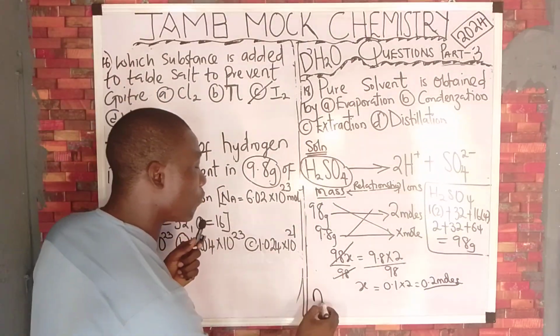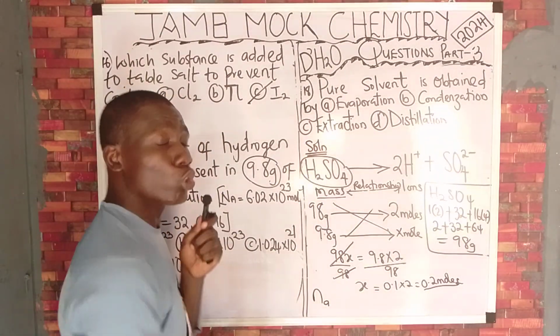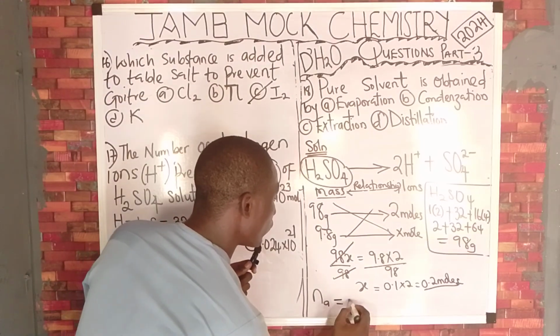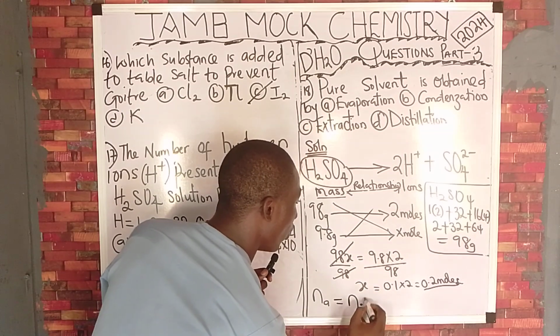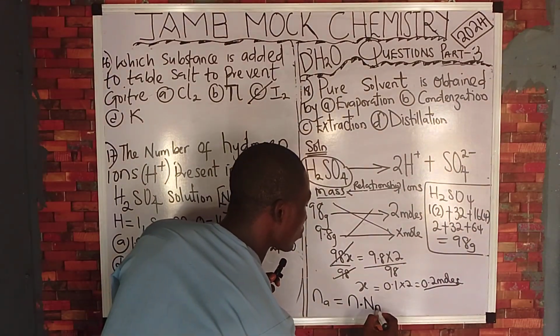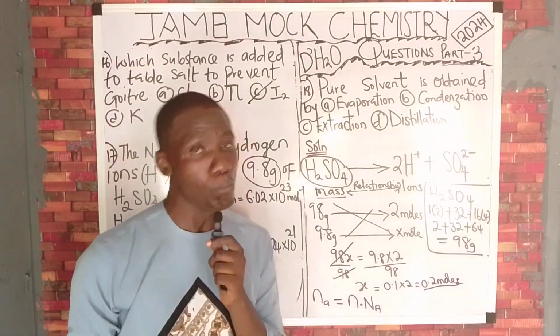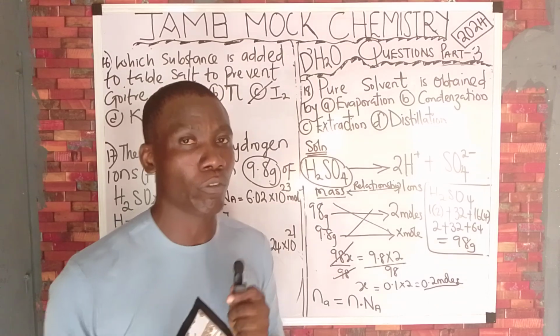Remember, the number of atoms or number of ions or number of molecules is equal to the number of moles times your Avogadro's constant. Your N is your Avogadro's constant. I made a video last time on mole concept and calculations involving mole concept.